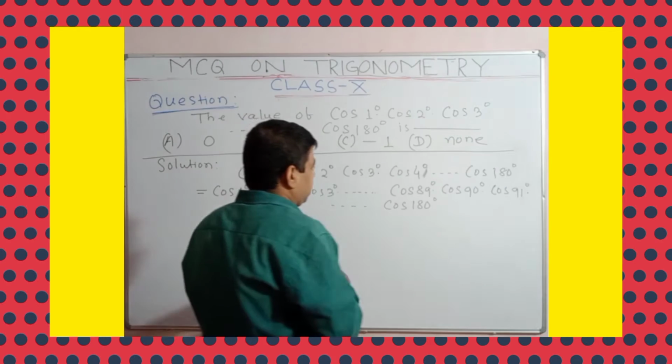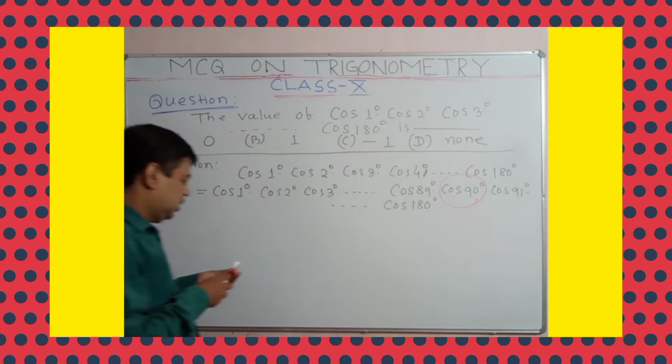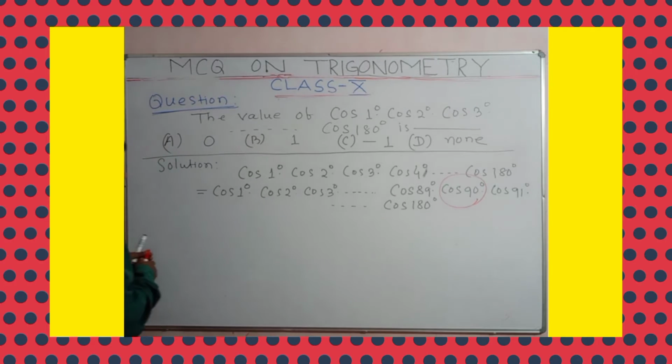So you see one of the factors is cos 90 degree. What is its value? It is 0. Yes or no?